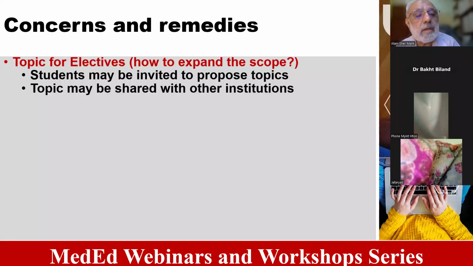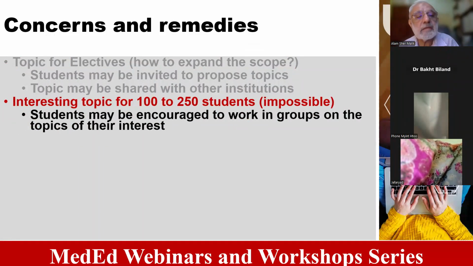So another was the topics for electives, how to expand the scope, how to come up with topics. Some suggestion is that students may be invited to propose topics, and topics may be shared with other institutions. So in this way, we can expand the number of topics. Interesting topics for 100 to 250 students.